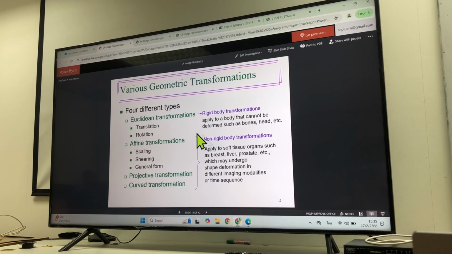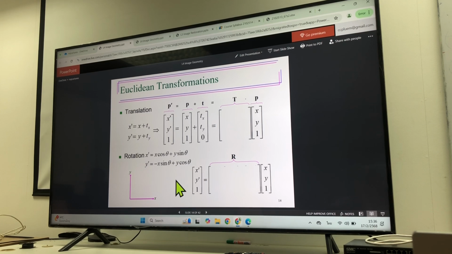In addition to translation and rotation, we can have scaling and shearing. Projective transformation we'll see what it means. After this class you need to know all 3. Are you ready? Let's start with Euclidean transformation.